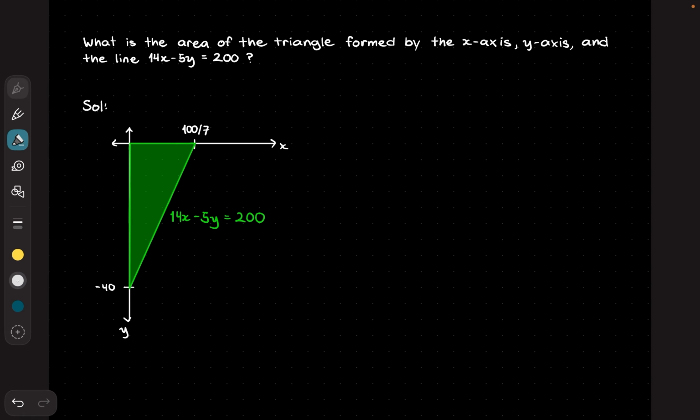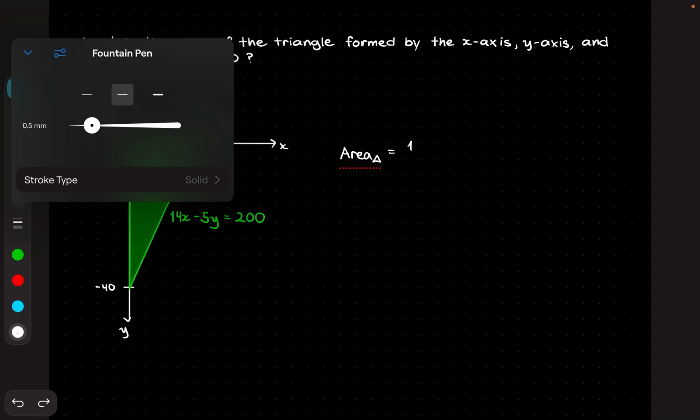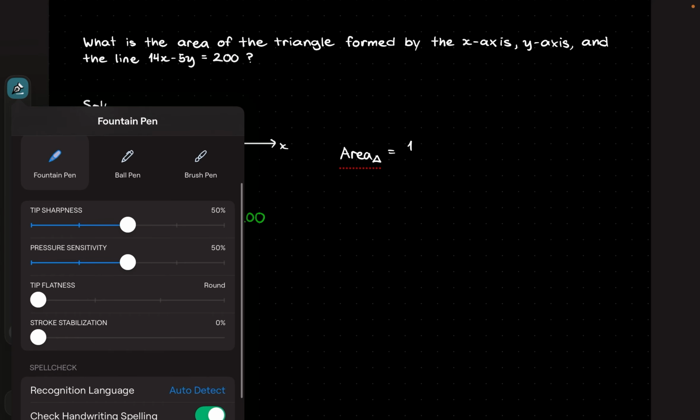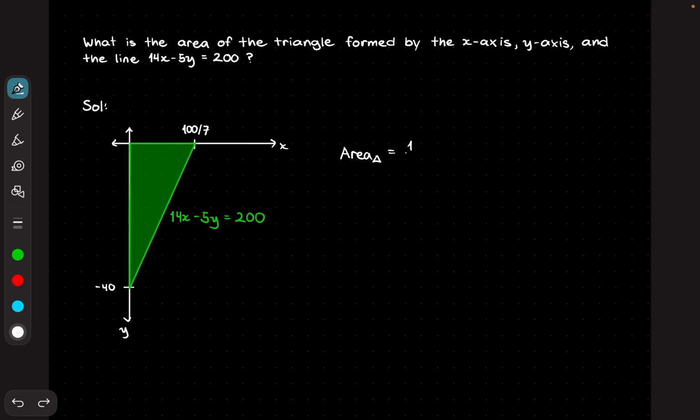Just recall that in triangles, its area is given by 1/2 times its base times height.